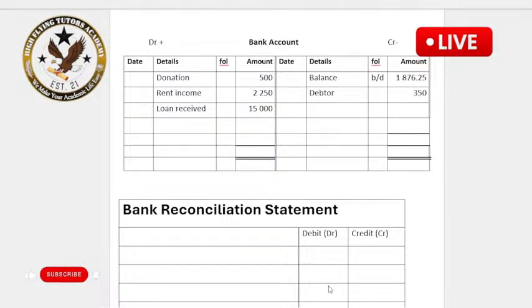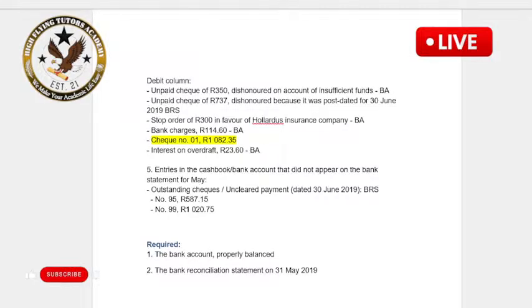And then let's go to the next question. The next question says unpaid check of 737 dishonored because it was post-dated for 30 June 2019, BRS, that one, right? Okay, stop order of 300 in favor of Holidays Insurance Company, that one, right?